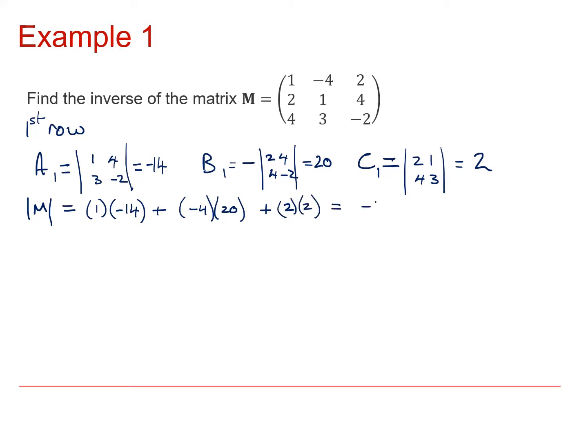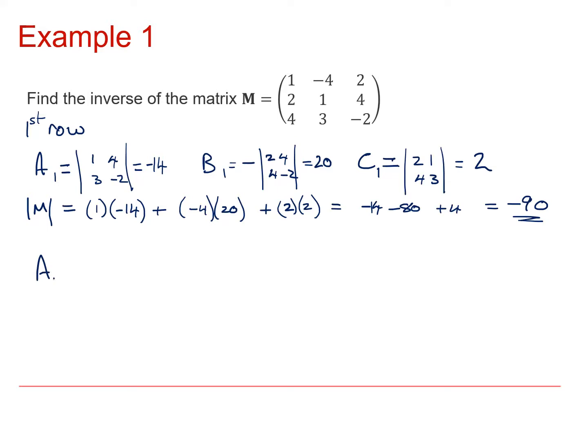Working those out, we get minus 14 minus 80 plus 4, which gives me minus 90. So the first thing to note is the determinant is not 0, so we do need to carry on and do the rest of the calculation.